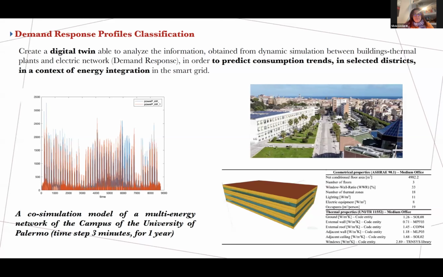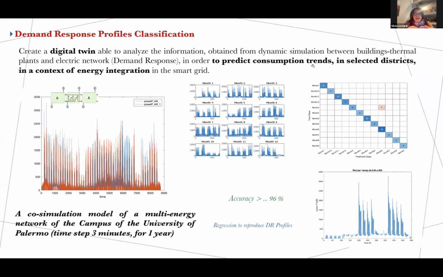If you go on. Okay, I divided them, for example, in 12 months, or in 1 week, or in 1 day, and so on. I applied my trained network, and I obtained very good results in terms of accuracy. What it means is that through our network we can recognize, for example, what kind of profiles we are analyzing, what months, what weeks, what periods, and so on.